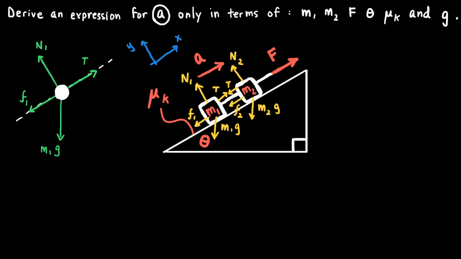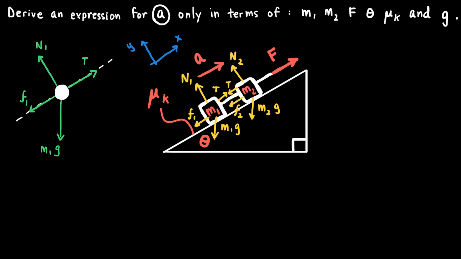Notice the force F, the pulling force F that's applied to the two blocks that pulls it up the ramp, is not applied directly to the object with mass m1. So in this free body diagram, those four forces that I have in green are the four forces that are acting on the block with mass m1.